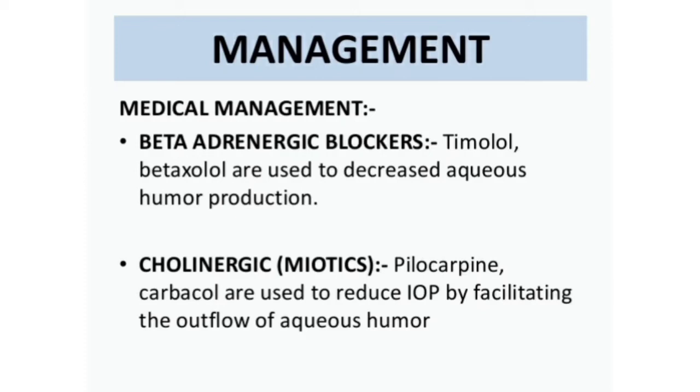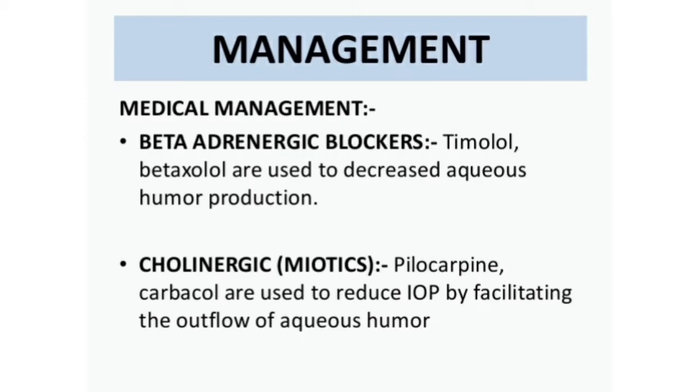There are cholinergics, also called the miotics, like pilocarpine and carbachol. Pilocarpine and carbachol are cholinergics which are used to reduce IOP, and they facilitate the outflow of the aqueous humor.